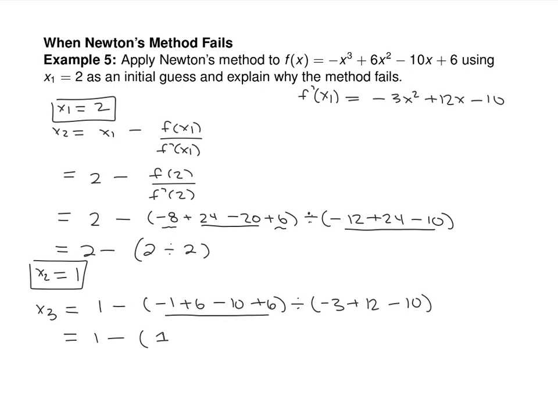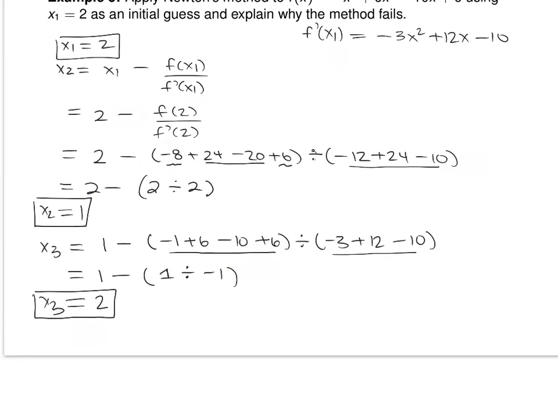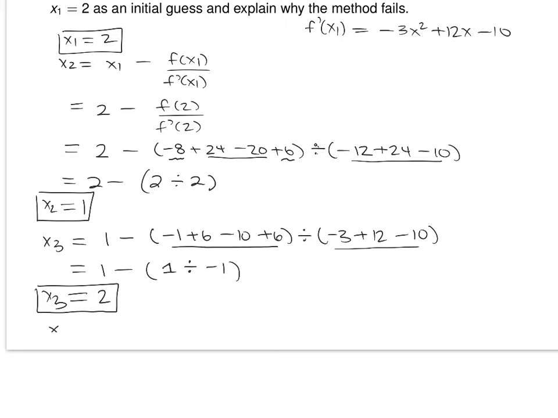I was just checking that I was right. 1 divided by, and the second bit adds up to, I think it ends with negative 1. So x3 is going to be 2. And now to find x4, you do x3 minus f of x3 over f prime of x3, which is the exact same thing we did right here, isn't it? So that's going to give you 1.